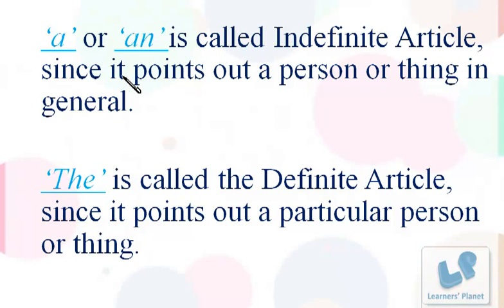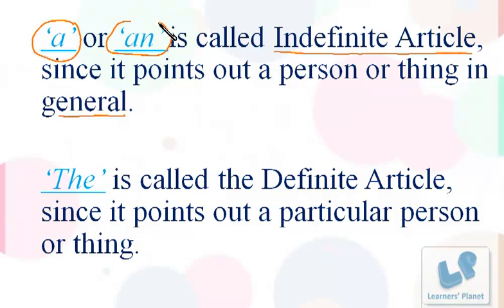Now we'll discuss the various articles in the English language. So let us see. A or an is called indefinite articles, since it points out a person or a thing in general. A and an, they talk about things which are not anything particular.